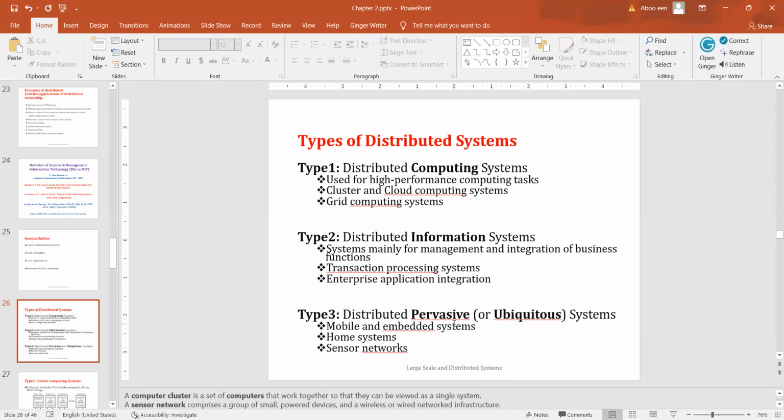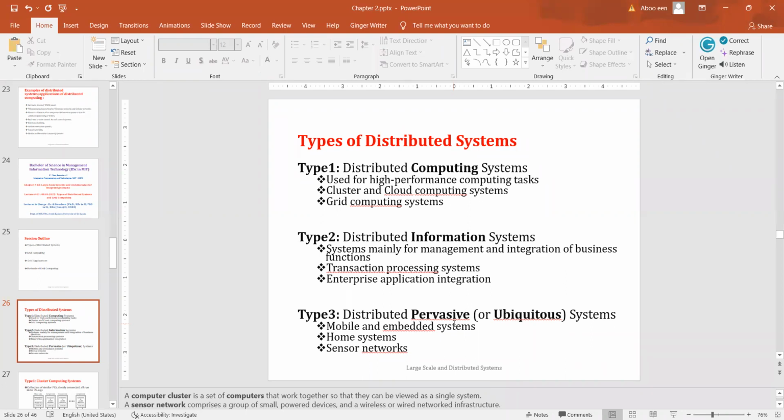Here, basically they are implementing distributed information systems at the industry level or enterprise level to integrate their functional areas or to integrate enterprise level systems, as I mentioned earlier, ERP systems or some other modules. So they need this distributed information system at the industry, enterprise level.